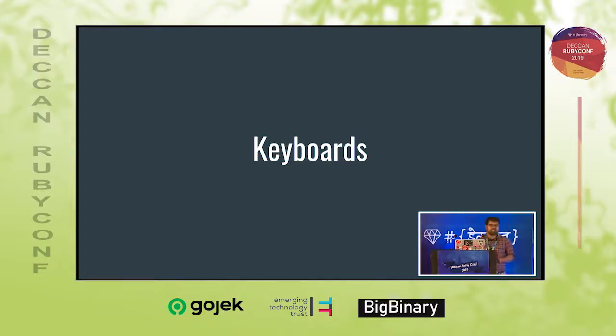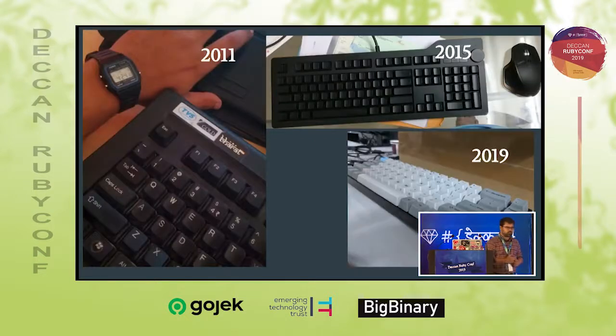So today I decided to talk about something different, which is keyboards. I like keyboards, but not membrane keyboards, mechanical keyboards, if you know what that is. As you can see in the photo, in 2011, I started with the TVS Gold keyboard, the kind of keyboard you see in banks and old government offices.